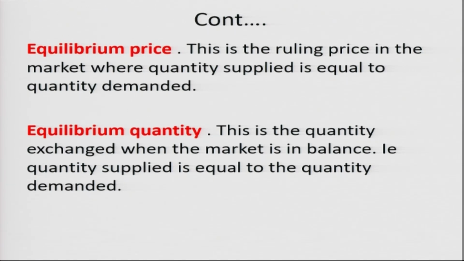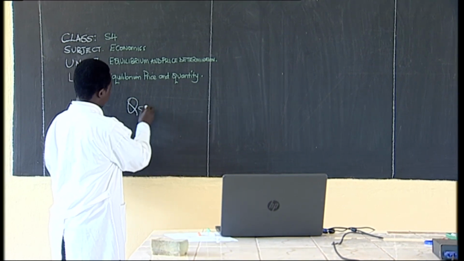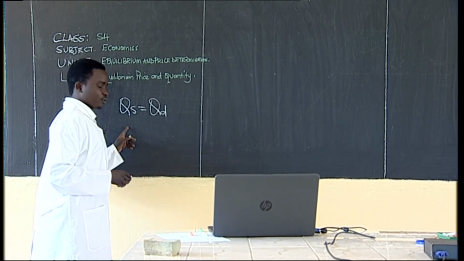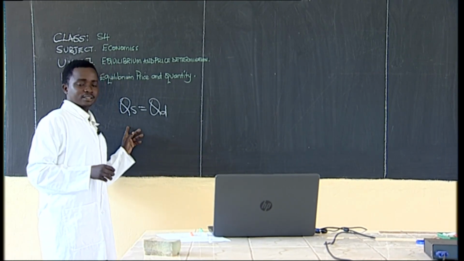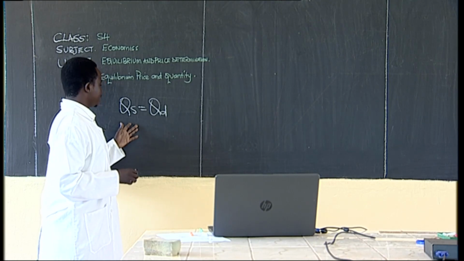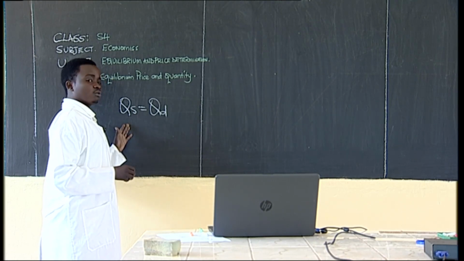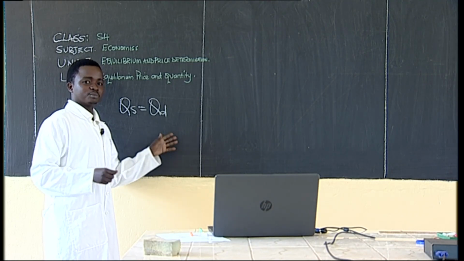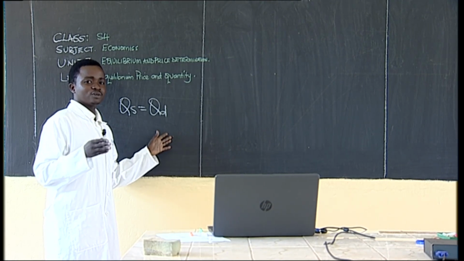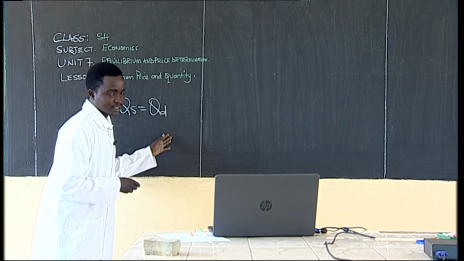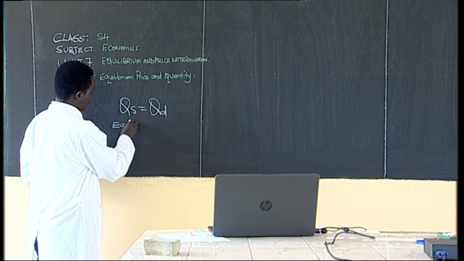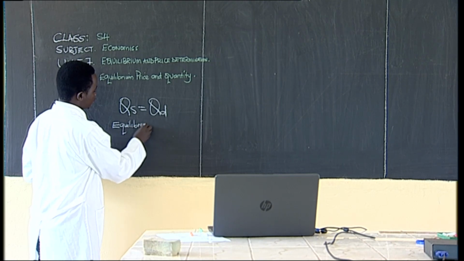So if quantity supplied is equal to quantity demanded, here we achieve what you call a market balance. At this point we achieve two things: an equilibrium quantity and an equilibrium price.